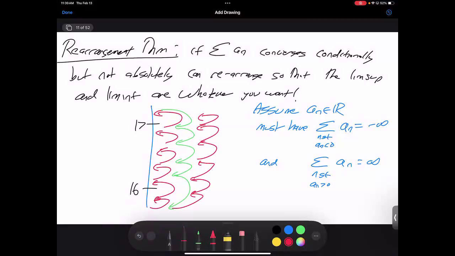And I just keep taking the positives until I first break 17, and I have some idea of how much I can break it by. Then I go below 16. And then when I break it, it's possible that I might break it by more the next time, but I can't be breaking it by too much more. And eventually that's going to have to be done. Now, writing this down rigorously is not necessarily fun, but this is hopefully enough of an argument that you can see.